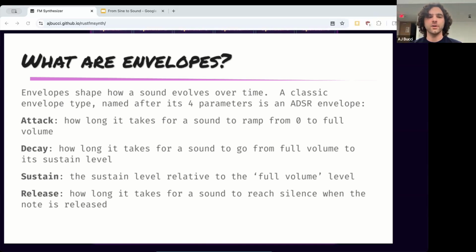Decay is how long it takes for a sound to go from full volume to its sustain level. And sustain is its level relative to the full volume. So if you had a sustain of 0.8, then your sustain level is 80% that of your full attack level. And release is how long it takes a sound to go from sustain to 0.